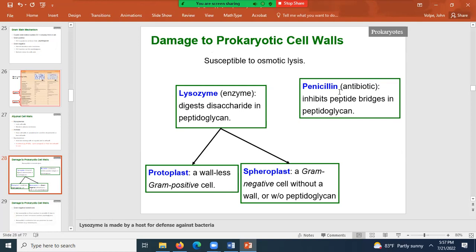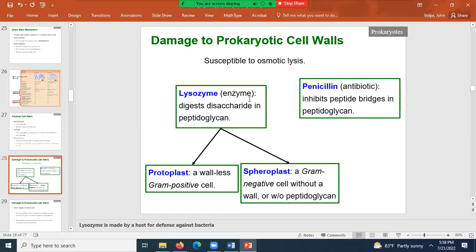With penicillin, this antibiotic inhibits the peptide bridges connecting the different NAG and NAM strings together in the peptidoglycan, and that puts a hole, even if very small, in the peptidoglycan, which allows the cell membrane to protrude out of that hole. And you can use penicillin to damage the cells.